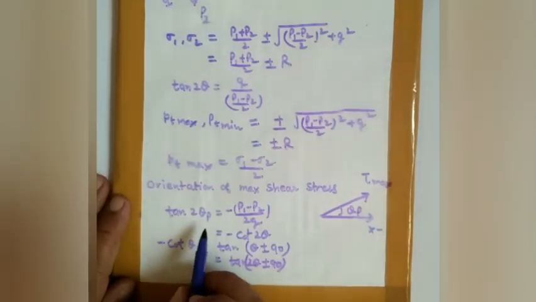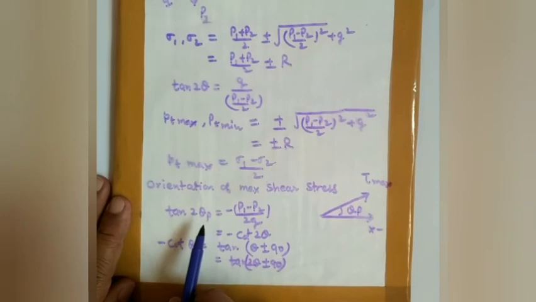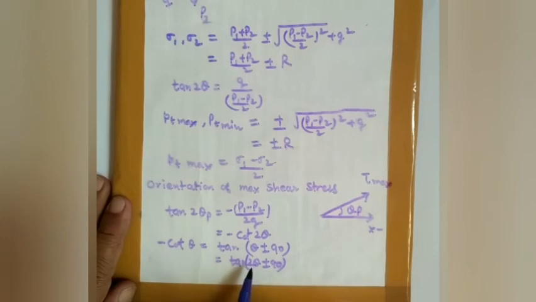This gives us the relation between theta p and theta, that is the relation between the orientation of the maximum shear stress and the orientation of the maximum normal stress. It is such that 2 theta p is equal to 2 theta plus minus 90.